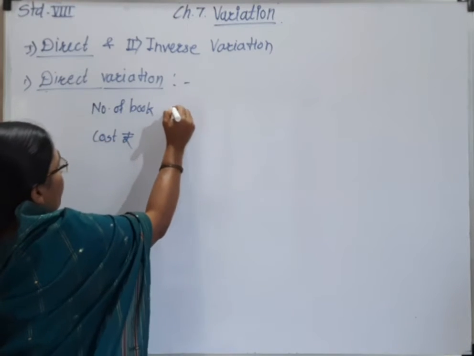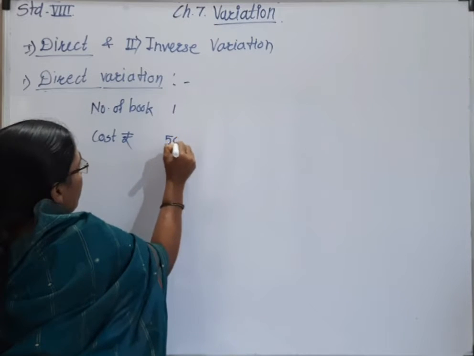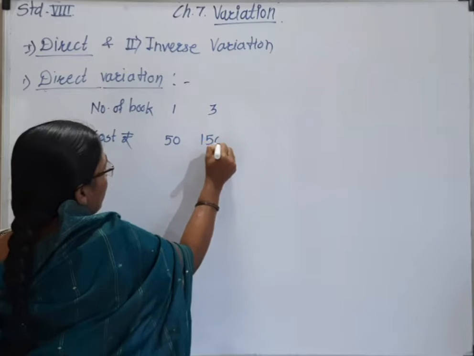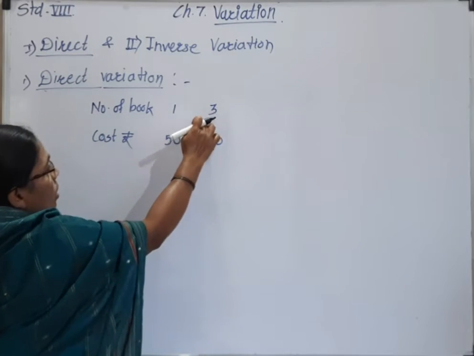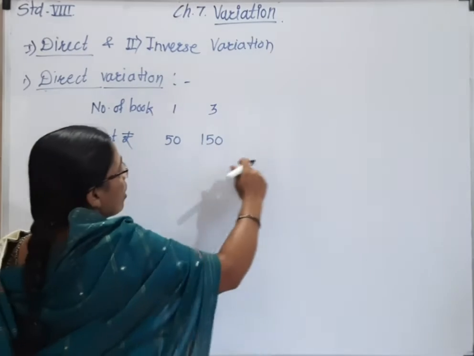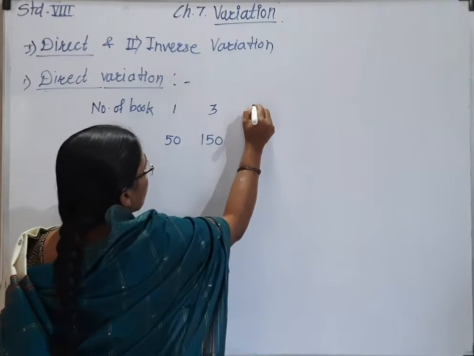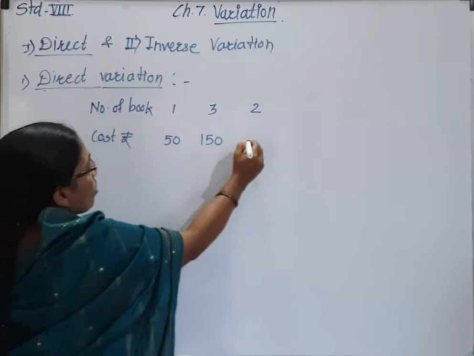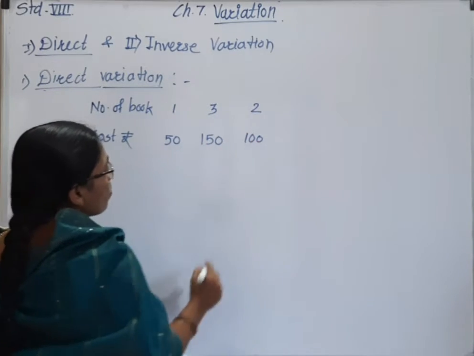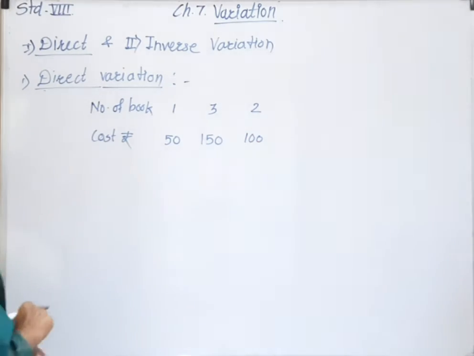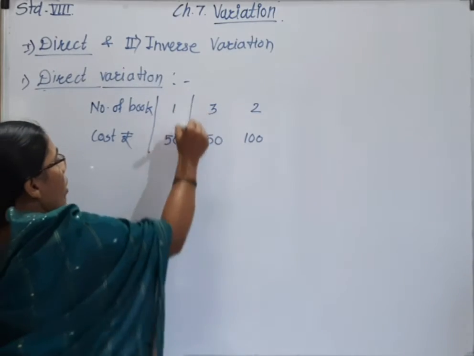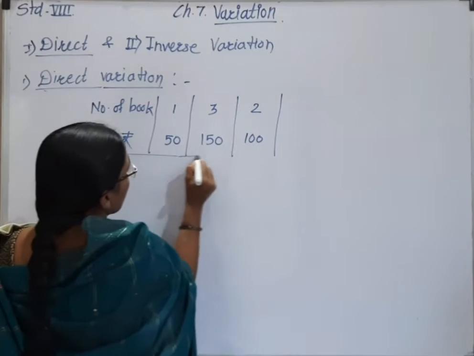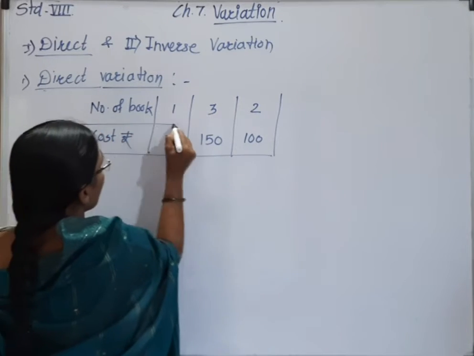If the cost of one notebook is 50 rupees, then the cost of 3 notebooks is 150 rupees. As the number of books increases, the cost also increases. If I want only 2 notebooks instead of 3, the cost decreases and becomes 100 rupees. So when one quantity increases, the related quantity also increases. This is an example of direct variation.